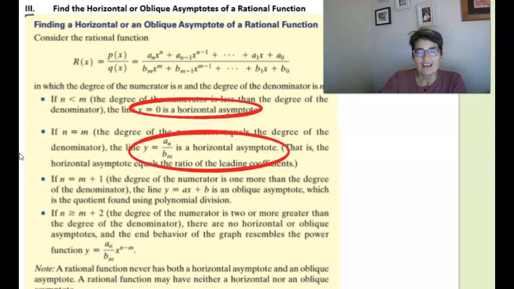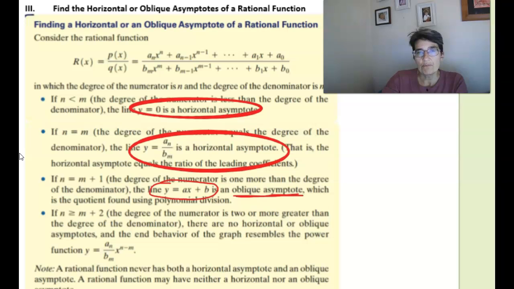If n equals m plus 1, so the degree of the top is exactly one more than the degree of the bottom, then you have an oblique asymptote. An oblique asymptote is a straight line y equals ax plus b. And you find this by doing long division of the polynomials.